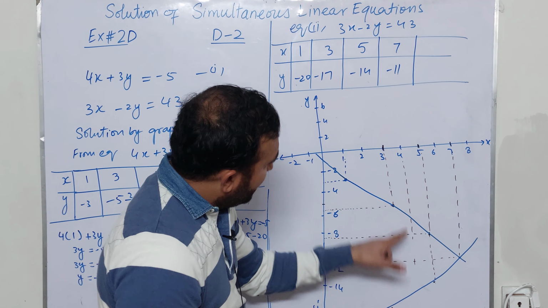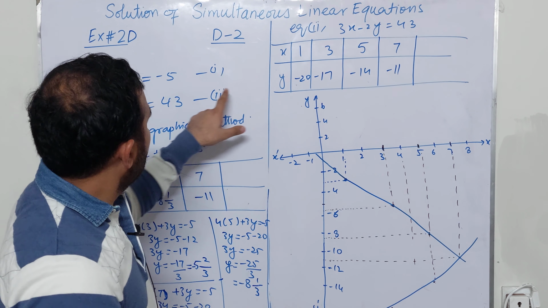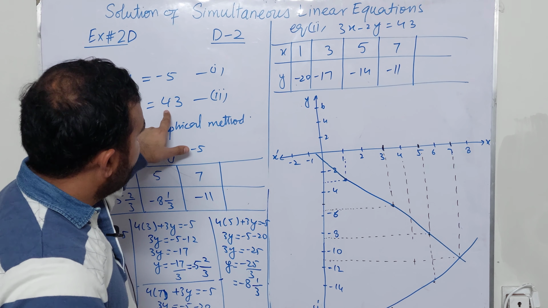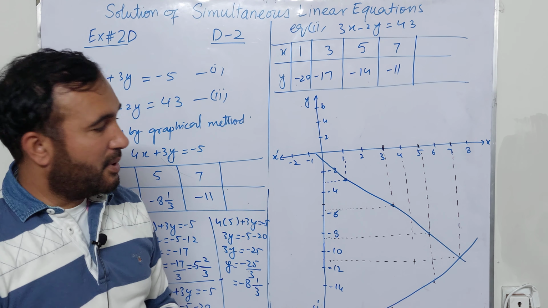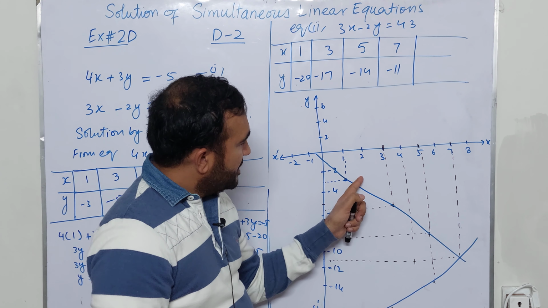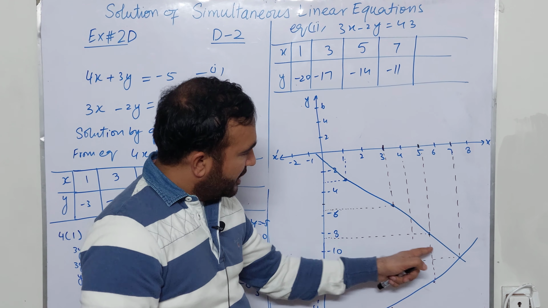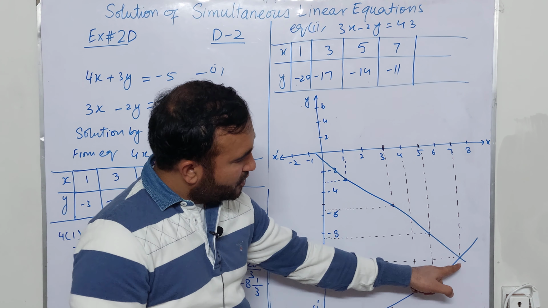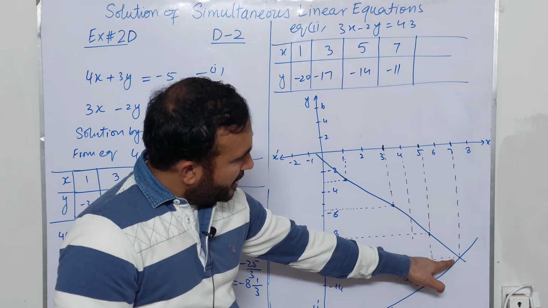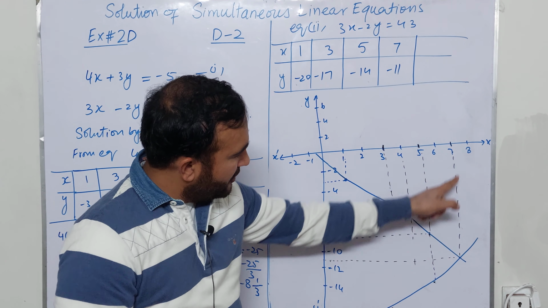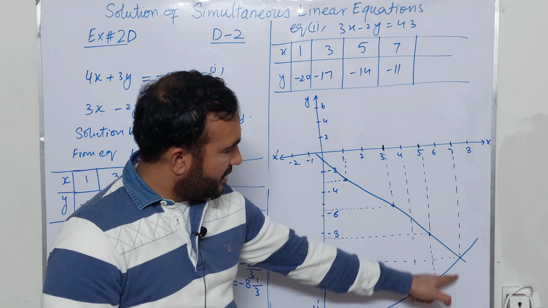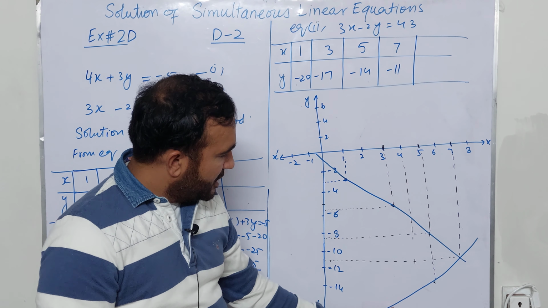You need to be sure that the graph of these linear equations will always be a straight line if you draw it on graph paper. And the point over here is that you need to find the meeting point, the intersecting point of these two straight lines, and that point is x is 7 and y is minus 11.